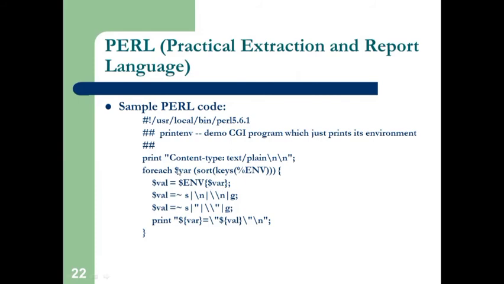Foreach is also an example of a loop in which the variable accesses all other variables. This is basically a sorting condition in which it uses keys and %ENV, then a variable, and then it will add the values in it and print the final value, that is $var.